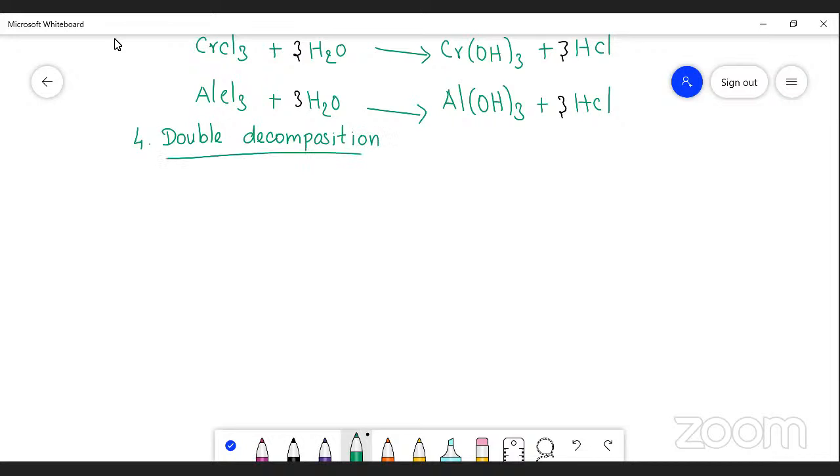What is double decomposition? Both of the salts are decomposed and give new salts. In double decomposition we prepare sulfide salts by passing hydrogen sulfide gas.